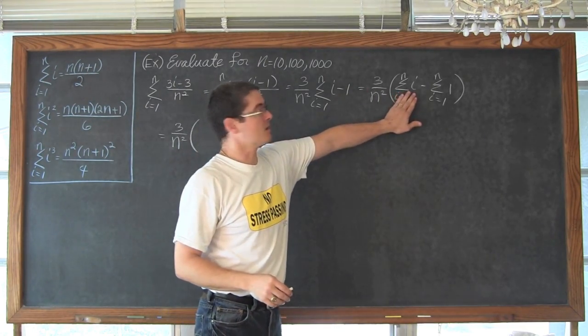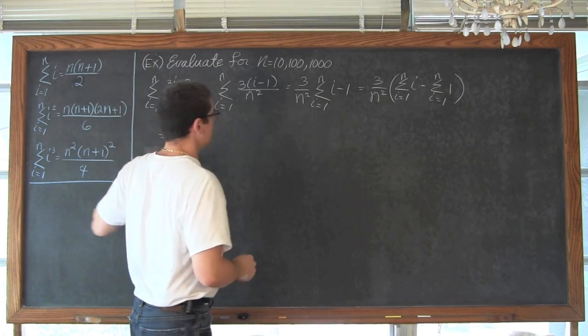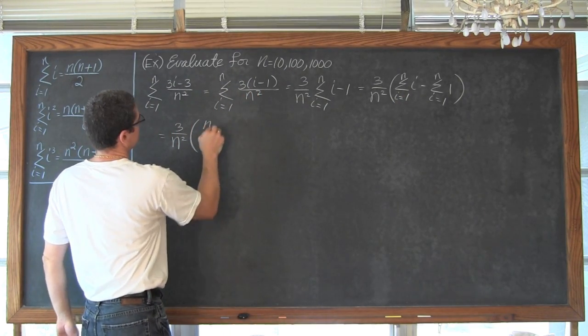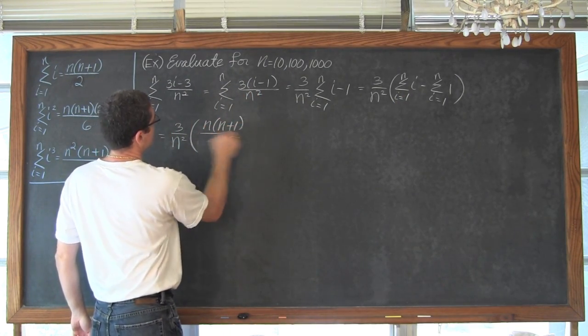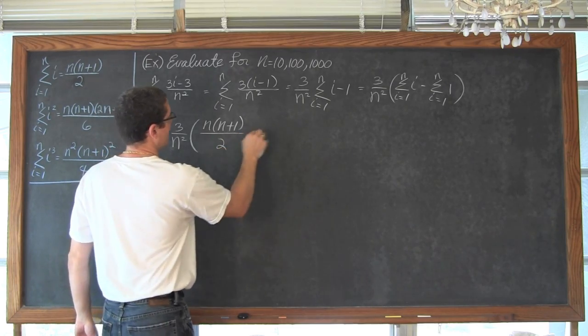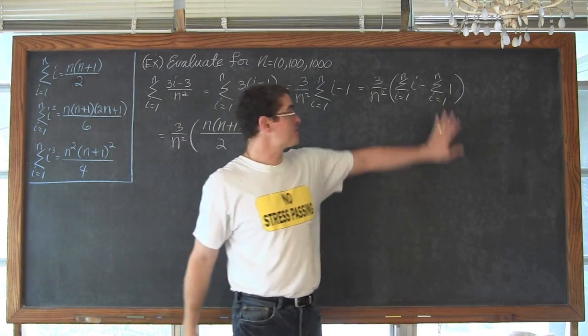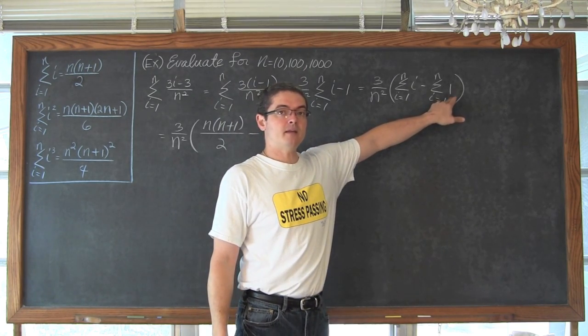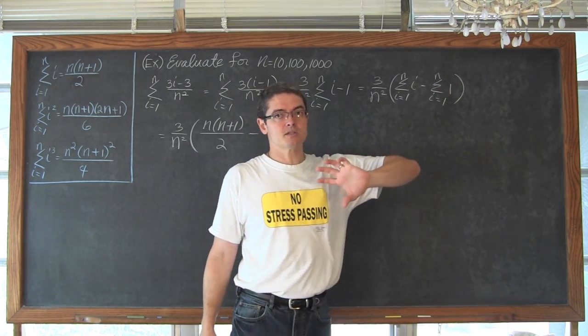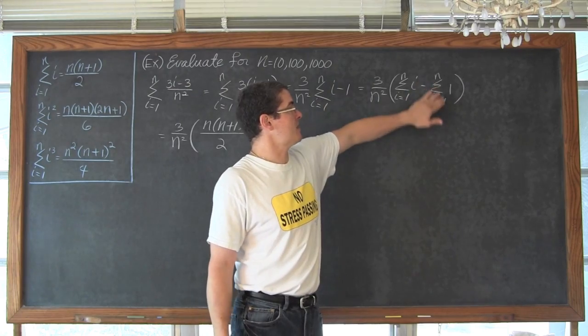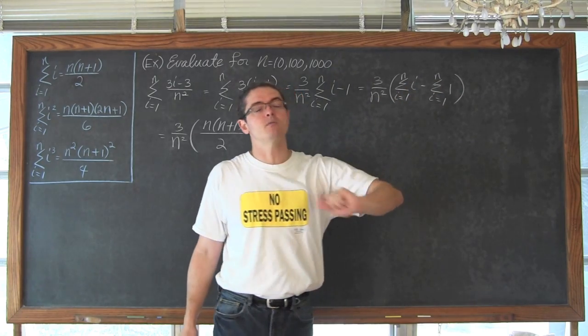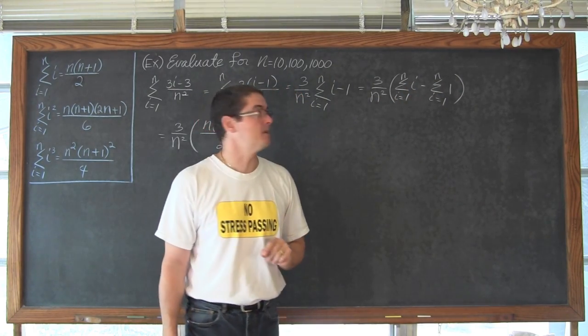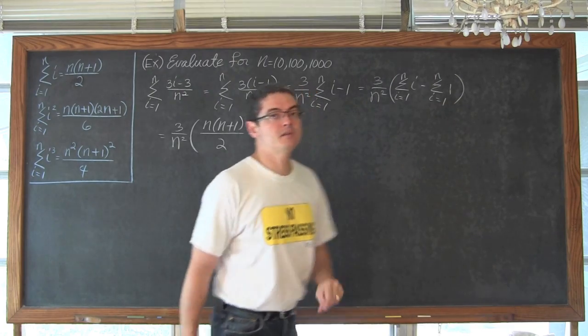So using my three formulas, again, it's n times (n plus 1) over 2. Minus, now I don't have this rule up here, but remember we said if this is a constant, then the answer is just n times that constant when you write out the summation. The summation as i goes from 1 to n of a constant is equal to n times that constant. So n times 1 is equal to n.